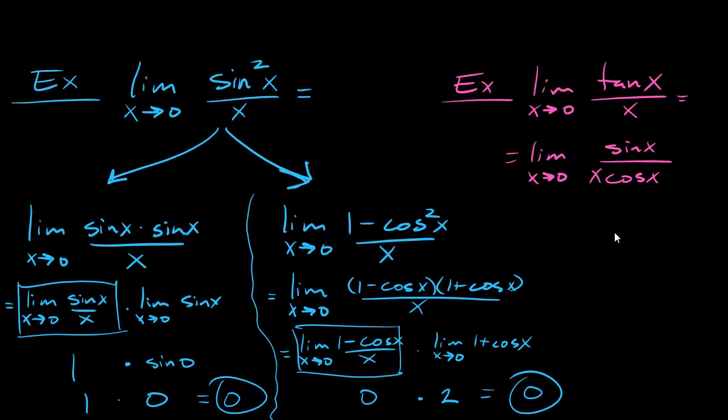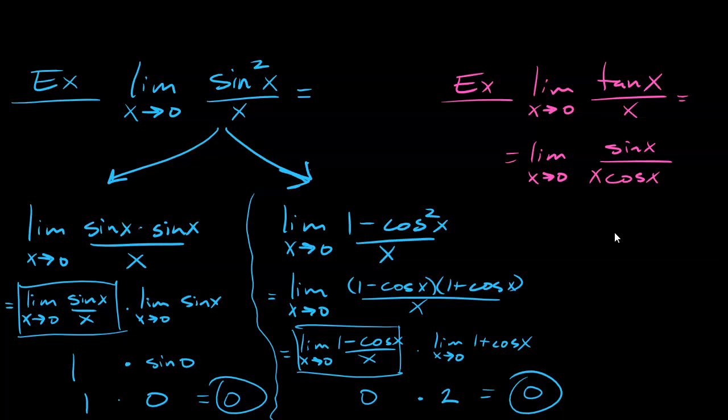Is that what you were asking? Limit times limit is 2. Yeah, that's okay. When there's multiplication, you can separate it into 2 different limits. It's possible you did the same thing, just did a step in your head, and that's okay too. I'm trying to show basically all the steps. So if you automatically knew to split it apart in your head, that works too.